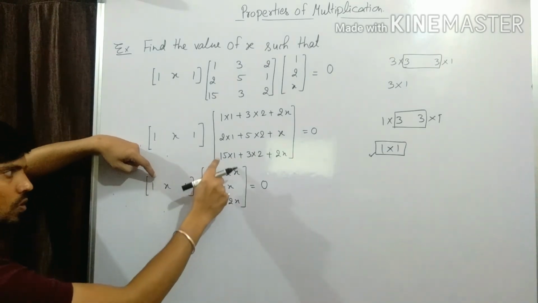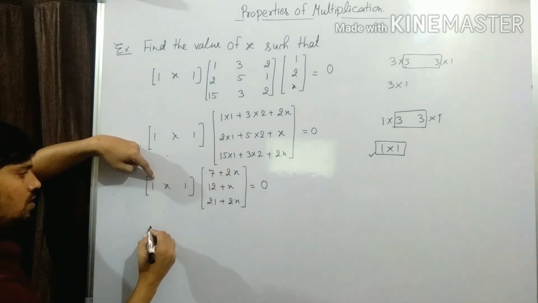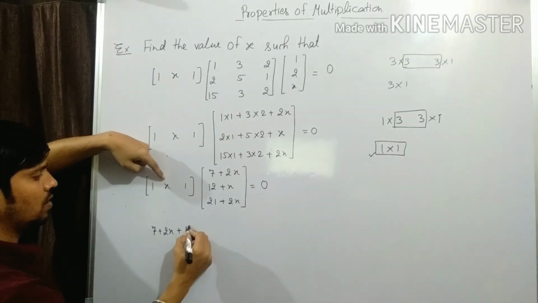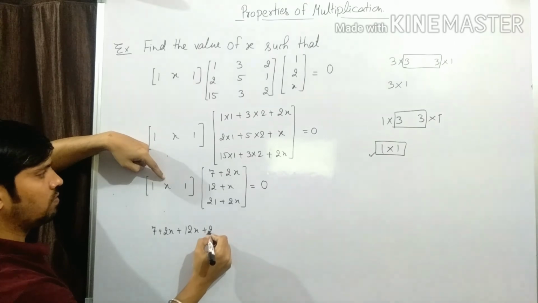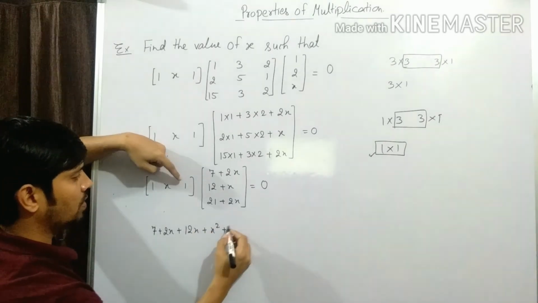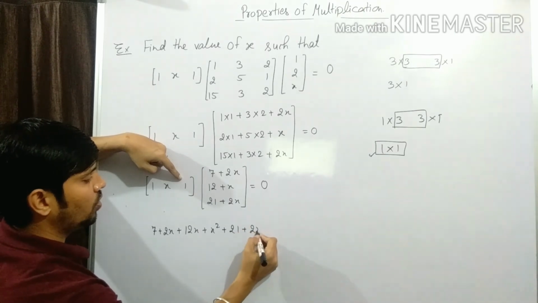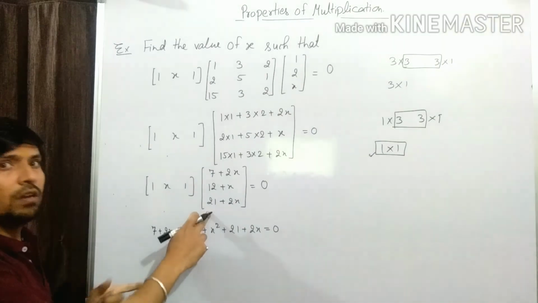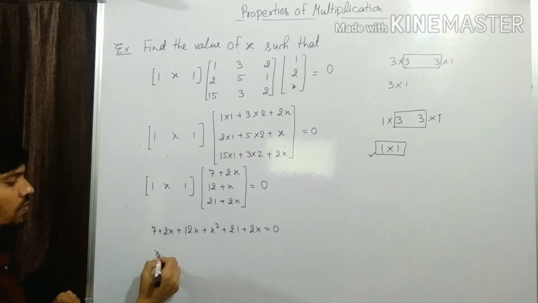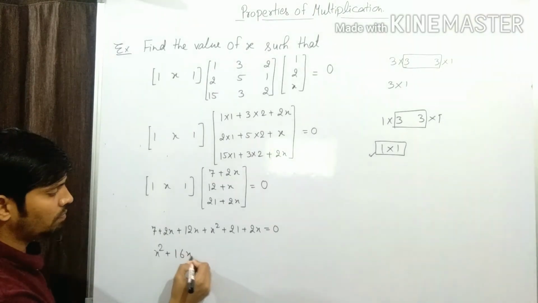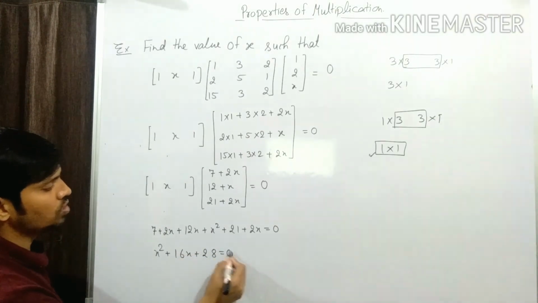The first row gets multiplied by the first column: 7 plus 2x plus 12x plus x square plus 21 plus 2x. On solving, you will get x square plus 16x plus 28 equals 0.